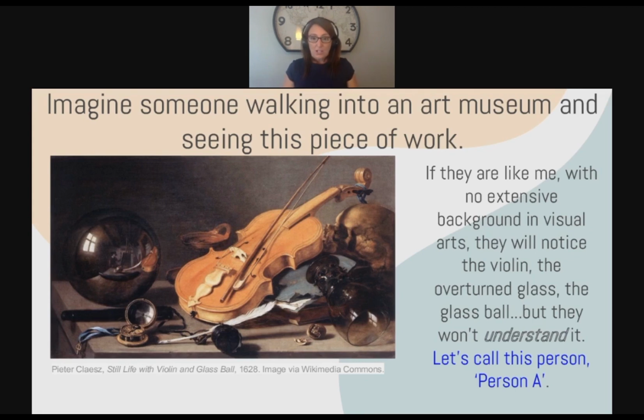I want to imagine, instead of opening this beautiful portfolio that's been curated with beautiful pieces of art, that we're walking into an art museum and we're seeing this piece of art. Okay, now let's pretend for a minute that you're me, and we're going to say I'm person A, and true story, I don't know anything about visual arts. So everybody out there who can immediately recognize this piece of art, wonderful.